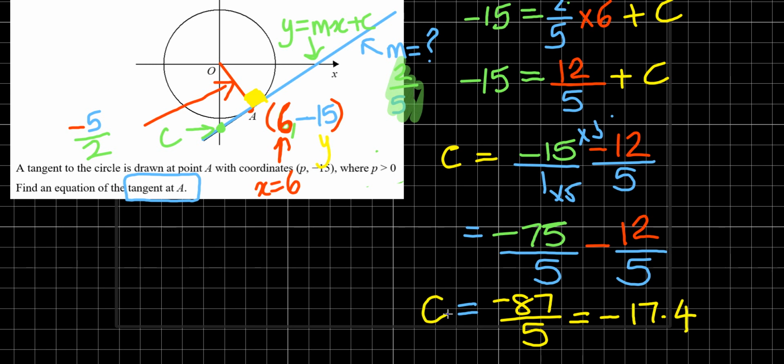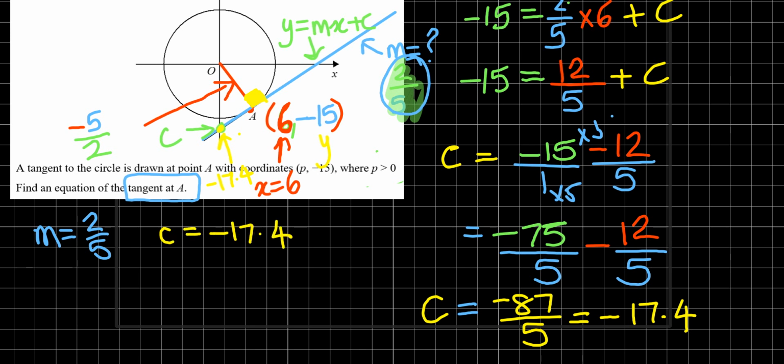So let's have a look at our equation. We've got our gradient, which is 2 over 5. We've got our intercept, and just from looking at the line we know it's going to be negative anyway, so we've got minus 17.4 for c.